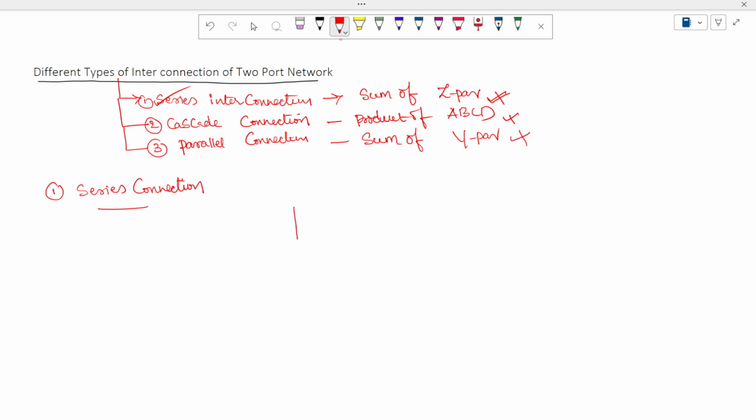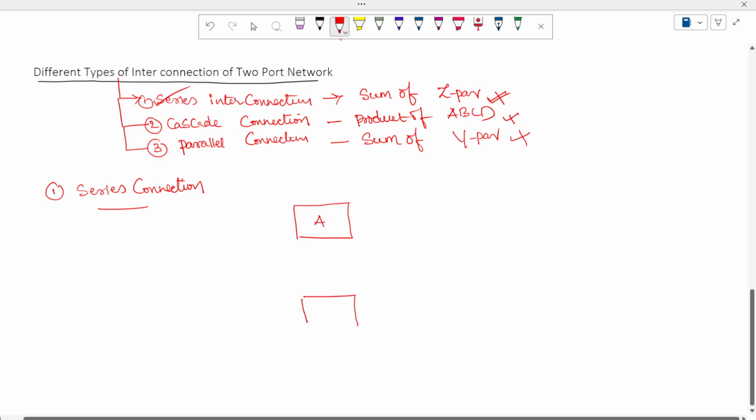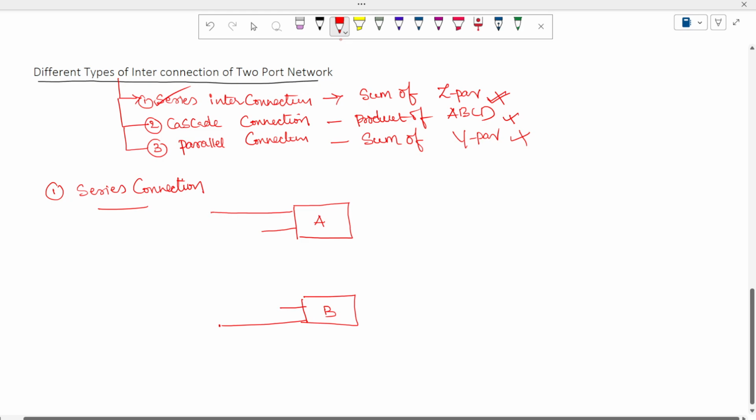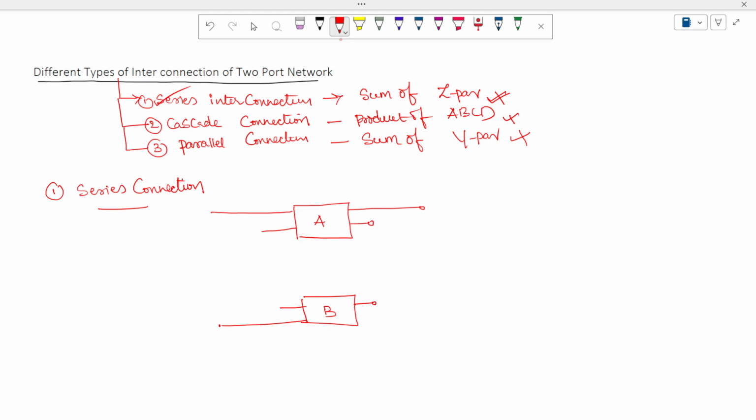This is a two-port network labeled as A, and this is a two-port network labeled as B. So here we have terminal 1, terminal 2, terminal 3 and terminal 4. These are the terminals we have for a two-port network.